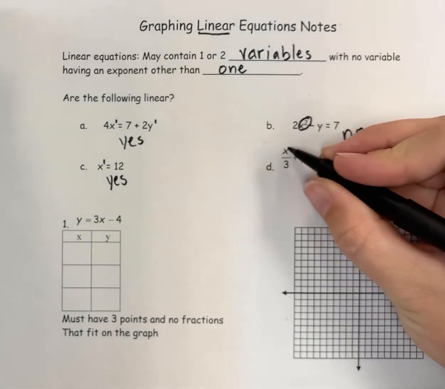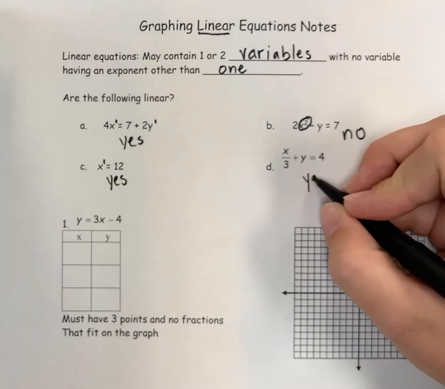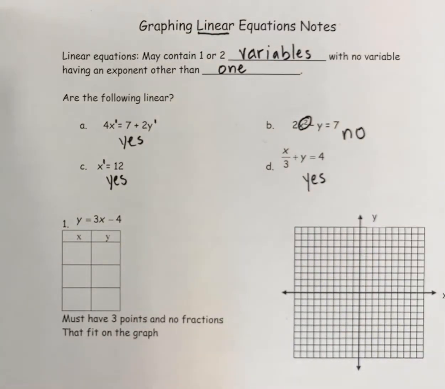X and y both have no exponent, so it's like it's a 1, so this one is also linear. Okay, so just remember, linear equations are going to have variables with an exponent of only 1. Today, we're going to focus mostly on linear equations and graphing those with a table.